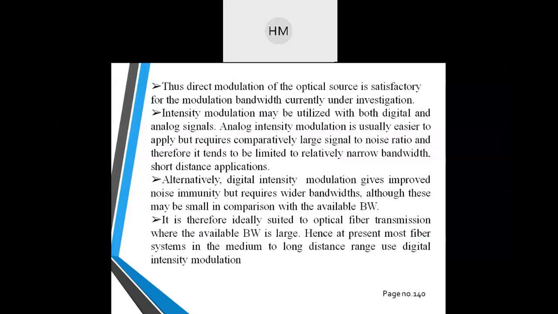And the theory is given over here. It's very simple. Intensity modulation may be utilized with both digital and analog signals. The direct modulation of the optical source is satisfactory for the modulation bandwidth currently under investigation. Digital intensity modulation gives improved noise immunity but requires wider bandwidth.